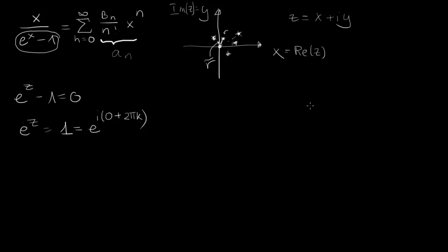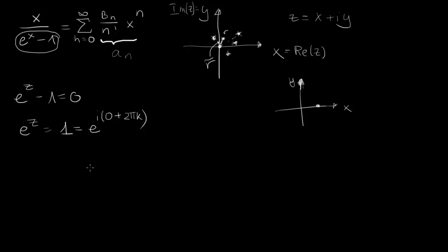Because if you are in a complex coordinate system, sometimes also called the Gauss plane, what you can do then is this point is the same as if I go around for 360 degrees, or 2 pi. So I'll come back to this. This is nothing else than the periodicity in the complex plane.